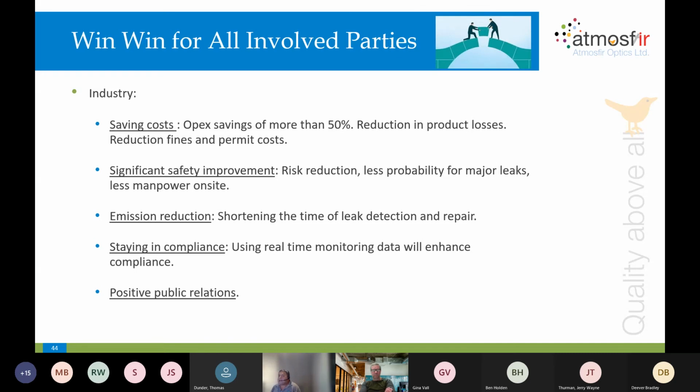You don't need to send elderly people to go into your facility. You will have emission reduction by shortening the time of leak detection and repair. You will stay in compliance. You will find a problem before the regulator or before the satellite or before the passive sorbent tube, and you will gain positive public relations.